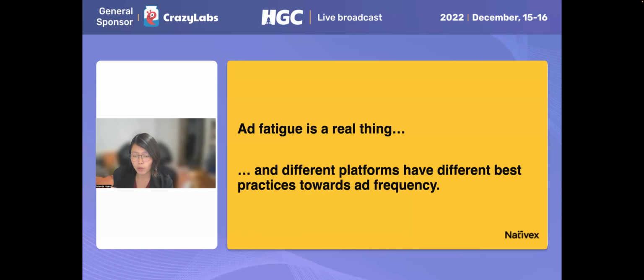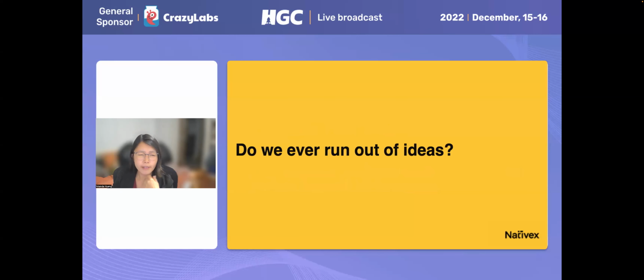And you should have more if you're running a bigger budget. Especially if we compare it to what we were used to with affiliate networks, CPI buys, or SDK networks, this is a significant amount. Do we ever run out of ideas?